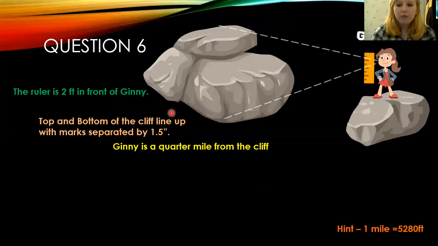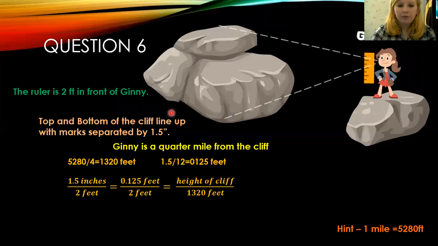We need to keep in mind that 1 mile equals 5,280 feet. So we're going to convert these. Let's find out what a quarter of a mile is. 5,280 divided by 4 equals 1,320 feet. Now we're going to convert the 1.5 inches into feet.